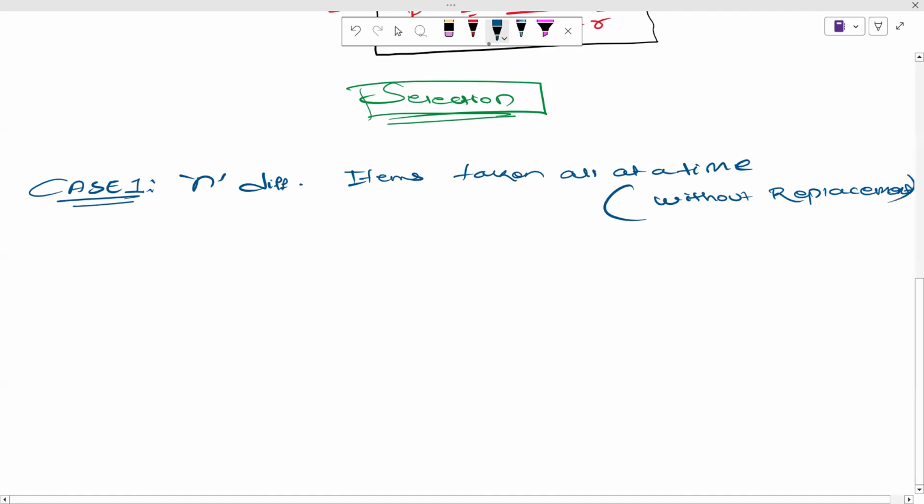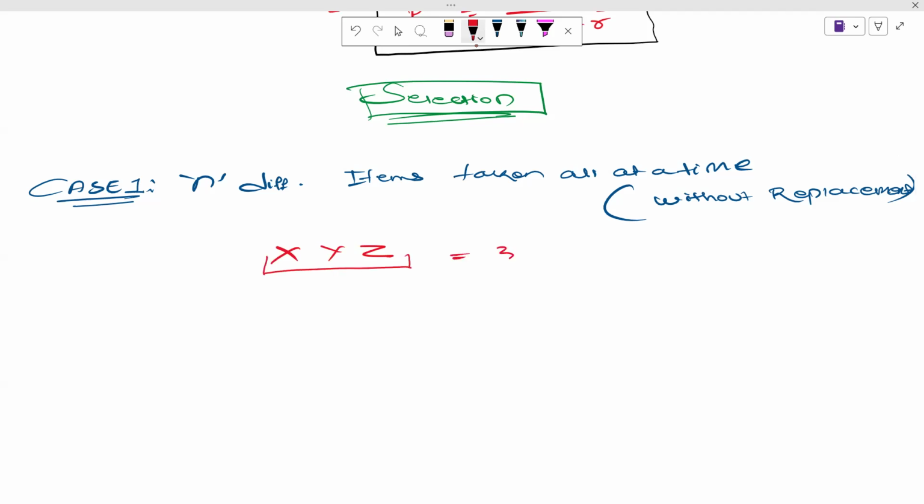So then what will happen? Now see, assume there are X, Y, Z. These are three persons, or you can also say three items.